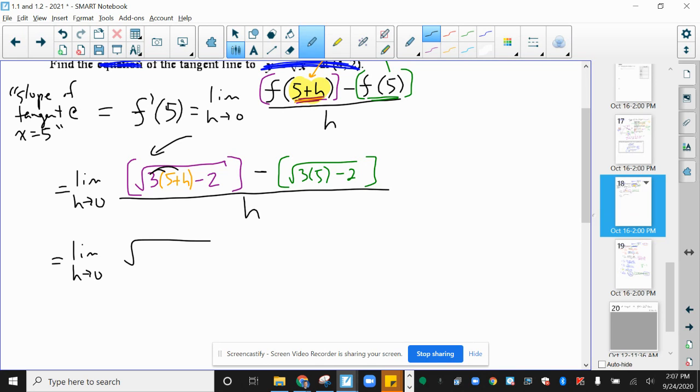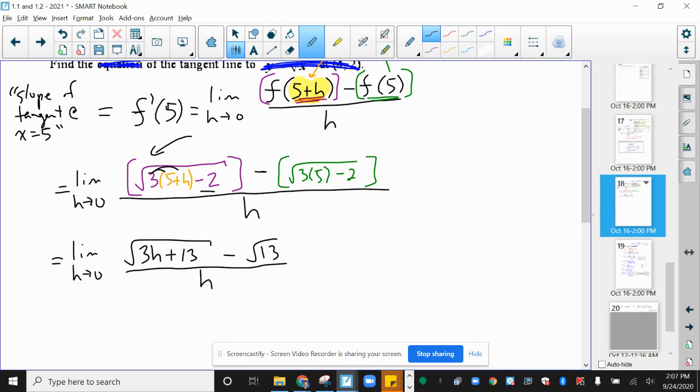And the 3 will carry on to the h as well. So 3h plus 13. Again, it was 15 minus the 2 that was here. Minus, and then that works out to be root 13, all over h.